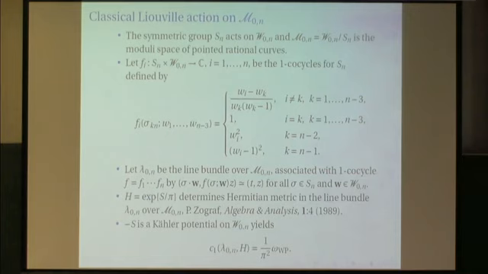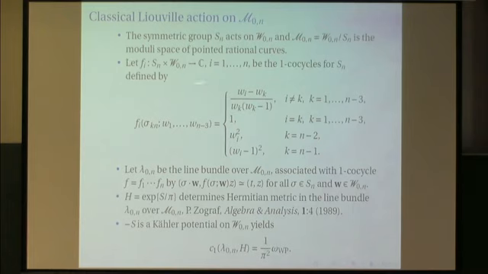But because of the normalization of the last n minus 3 points, the Liouville action is not invariant. And it's very easy to see that in fact the exponent of the Liouville action divided by pi is a Hermitian metric in the holomorphic line bundle over the moduli space, where this line bundle is the analog of the Hodge line bundle for the compact case. And since we don't have abelian differentials in this case, this bundle is defined by the one-cocycle.